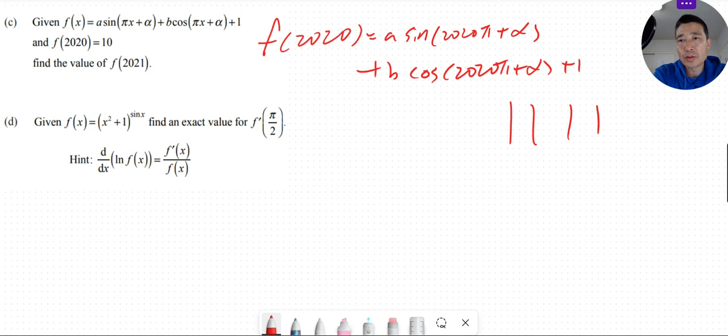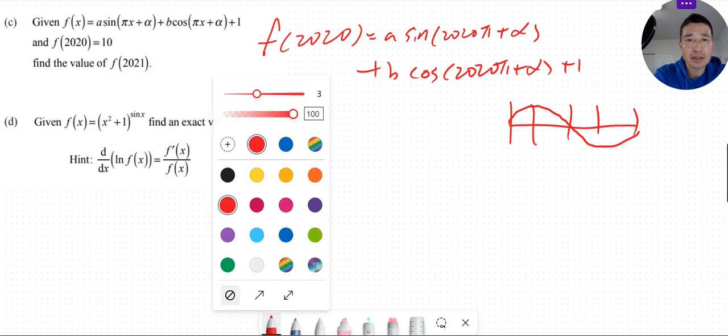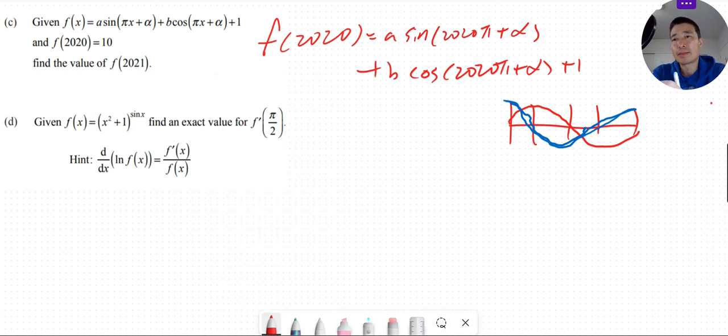Now I'm gonna show you the curve. So sine curve like this and cosine curve like that, right? So both of them, the curves repeat after 2 pi, right?